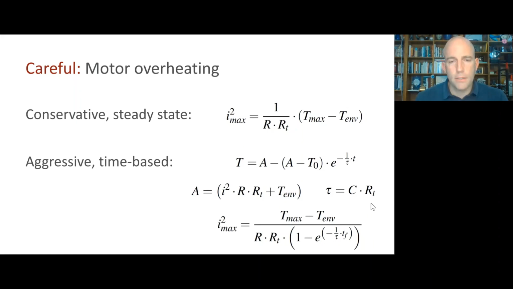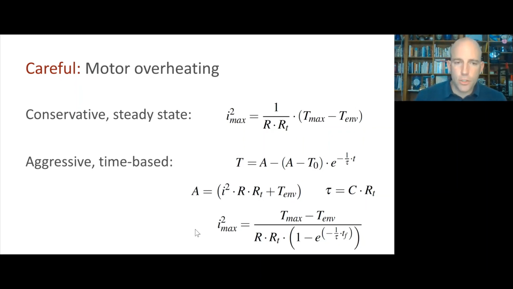The time constant is sort of how fast the system changes temperature. It is the thermal capacitance of the motor times the thermal resistance of the motor. So if there's more heat storage inside the motor, it will change temperature slower. And if there's more resistance to the heat leaving the motor, then it will change temperature more slowly also.